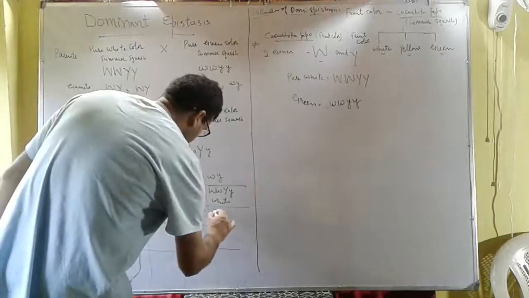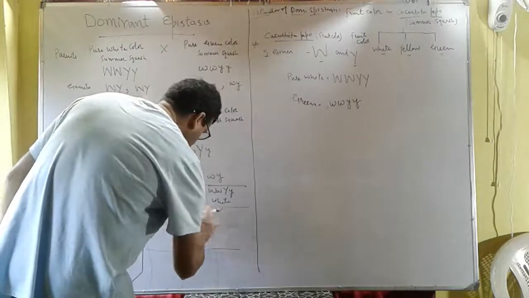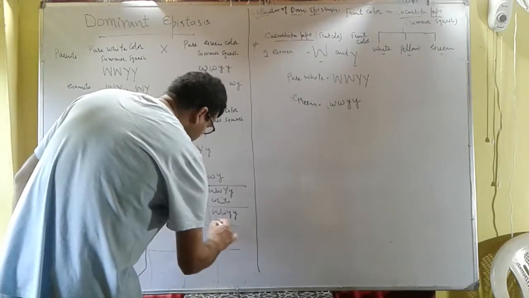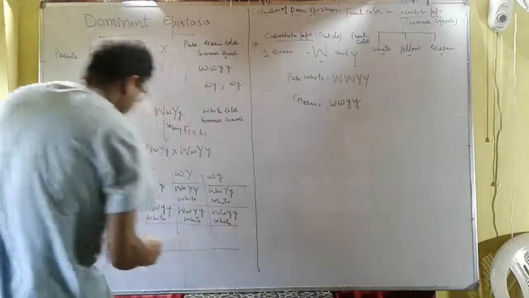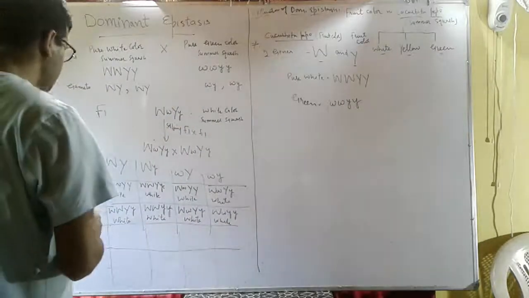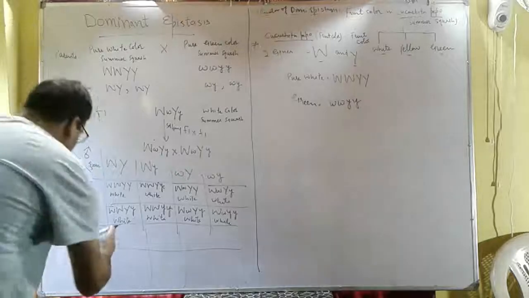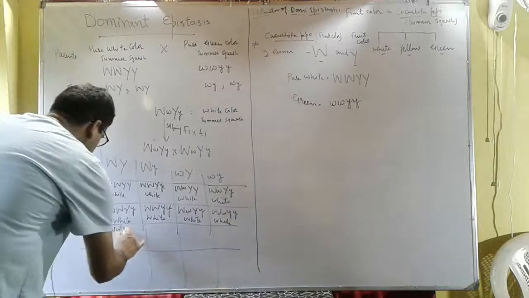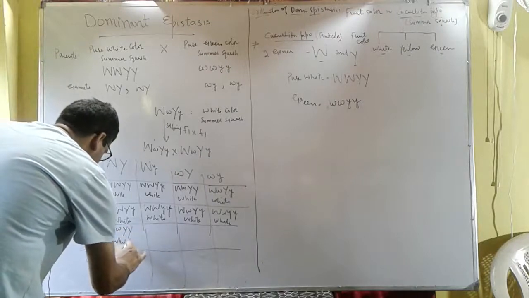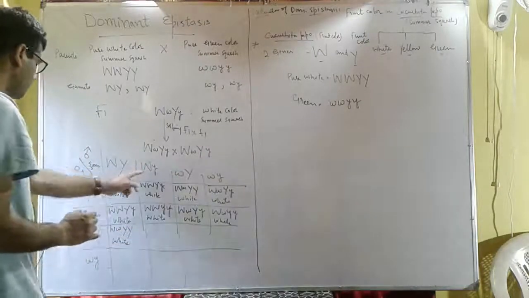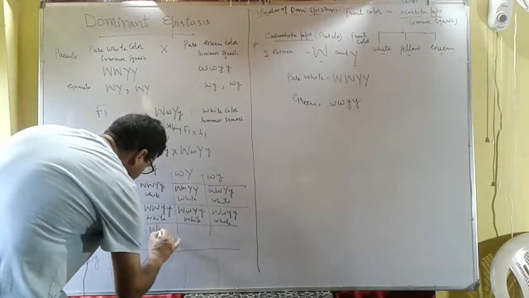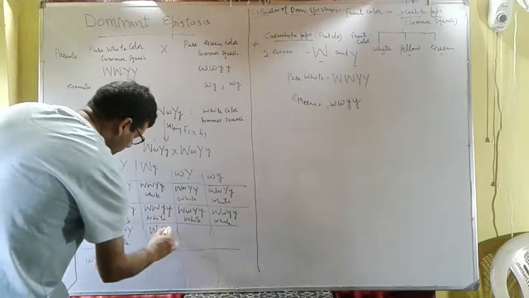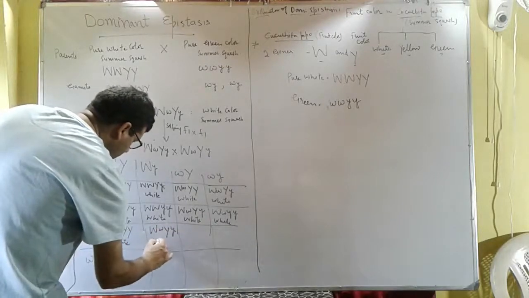This is capital W, small w, small y. It is also white color summer squash. Then we have capital W, small w, capital Y, white color summer squash. Then we have capital W, capital W, capital Y, small y. This is white color summer squash.